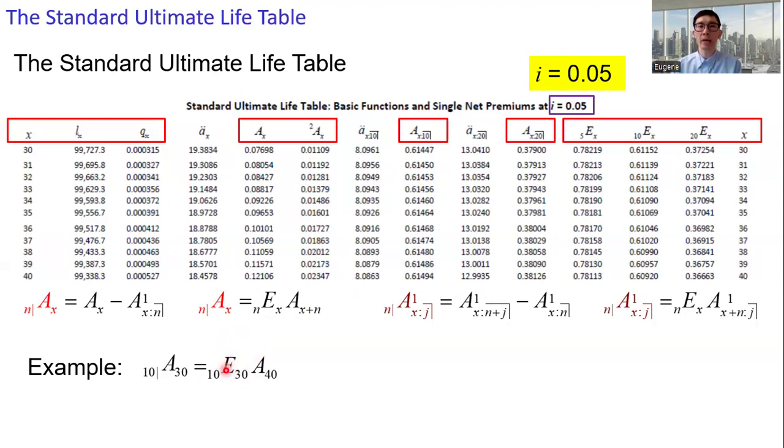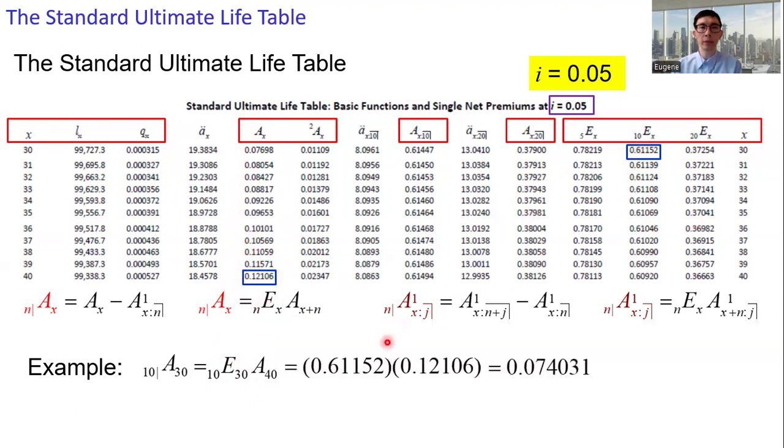The 10-year pure endowment on age 30, 10E30 along this column at age 30. And then A40 along this column. Multiply these 2 numbers together, and we get 10|A30.